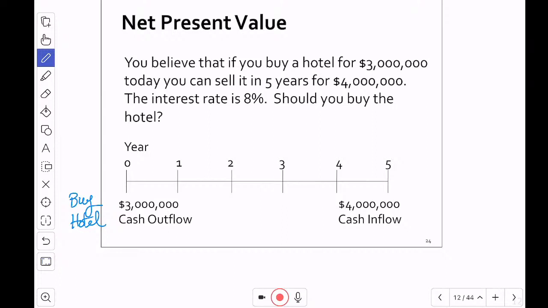If I instead invested $3 million in financial markets, what should it become?